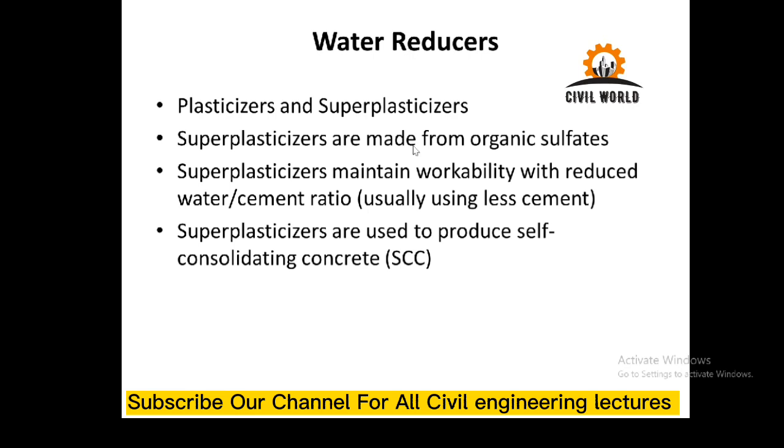First of all, as the name indicates, it reduces the requirement of water for concreting. So by reducing water, the water cement ratio is reduced, and reducing the water cement ratio has a direct impact on the strength of concrete. So by reducing the water cement ratio, you can increase the compressive strength of the concrete.